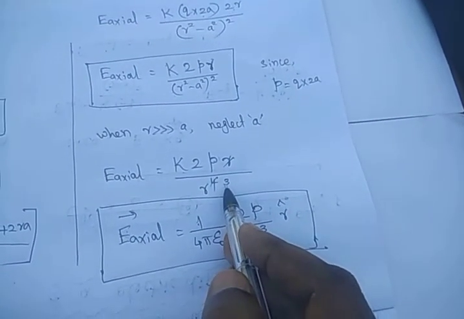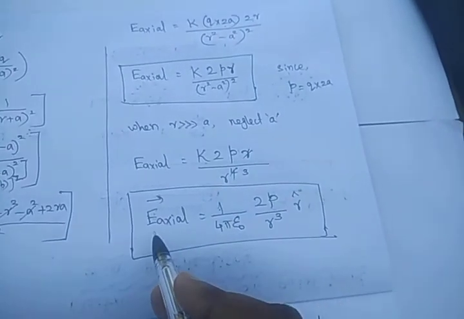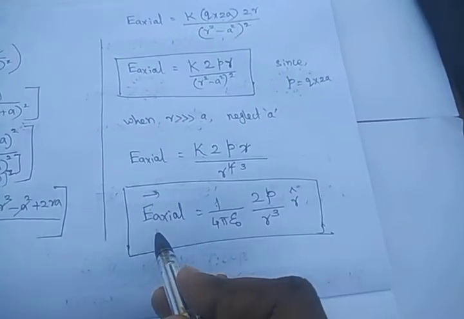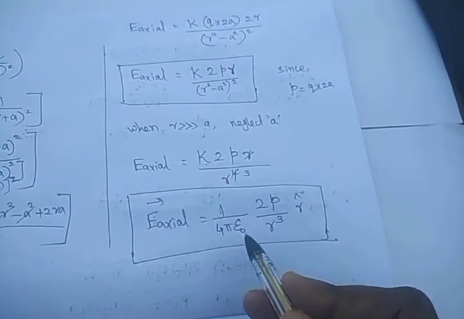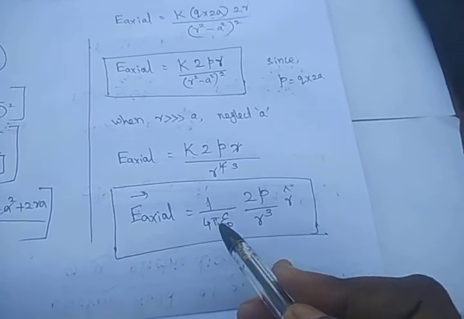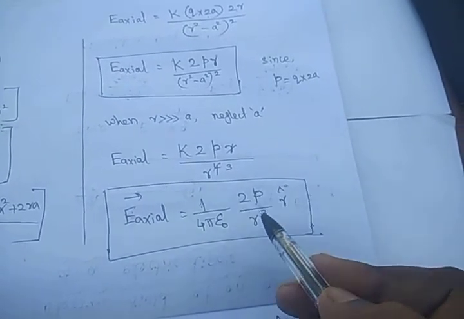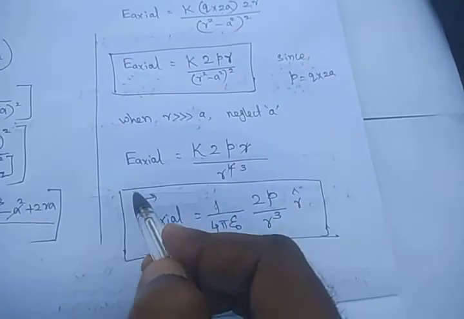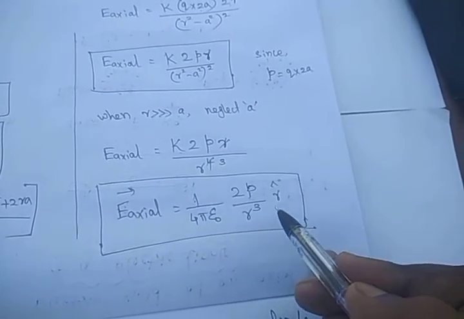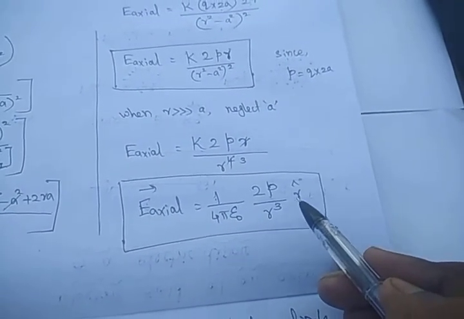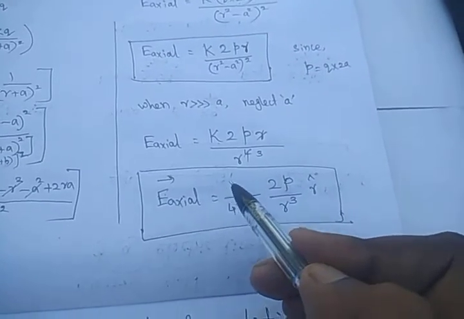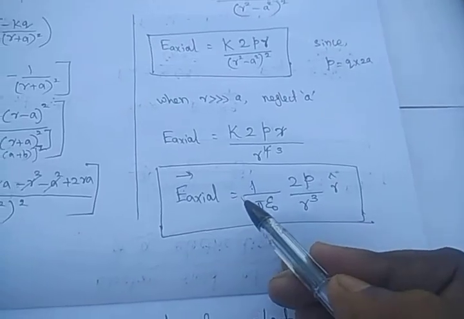We get r cube. So the final equation for the electric field due to an electric dipole along an axial line is equal to 1 by 4 pi epsilon naught into 2p by r cube. This k value can be substituted with 1 by 4 pi epsilon naught. Hence the electric field is a vector, so we have to multiply with the unit vector. This is the expression for electric field due to an electric dipole along the axial point.